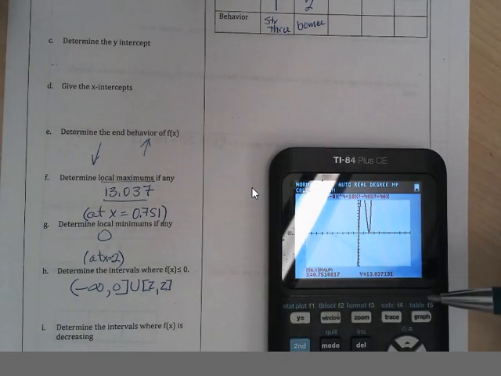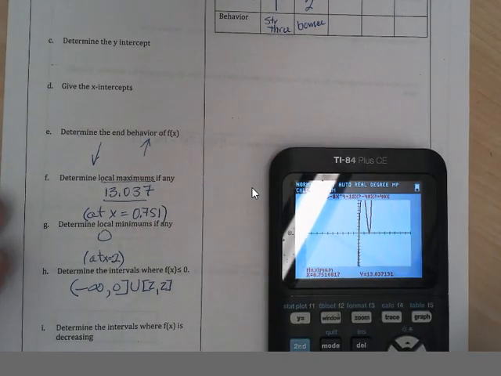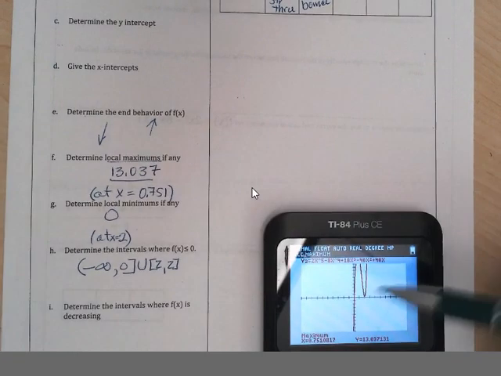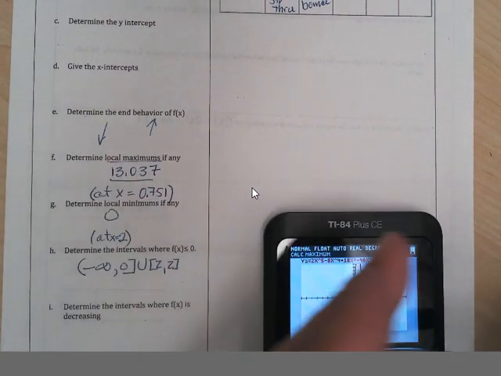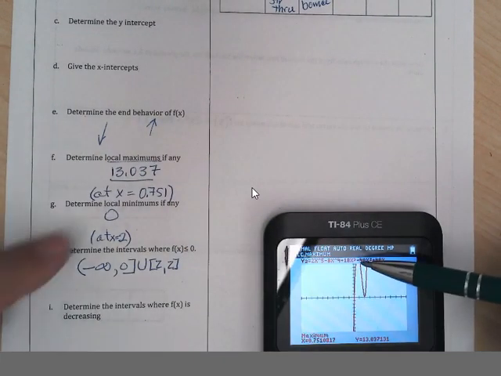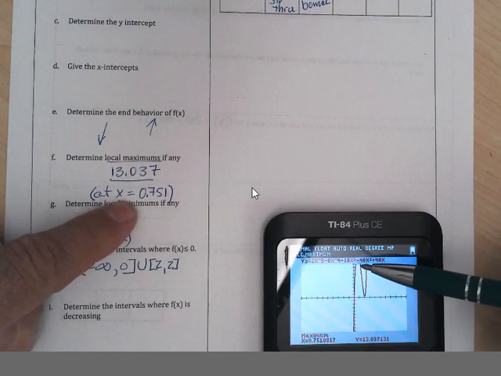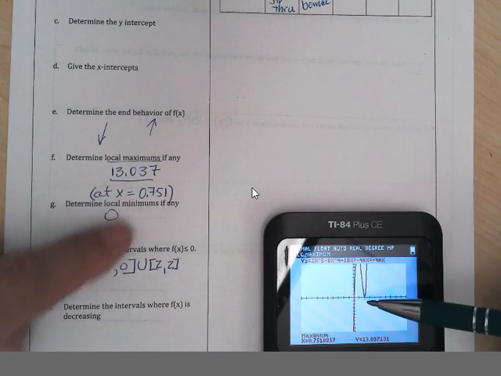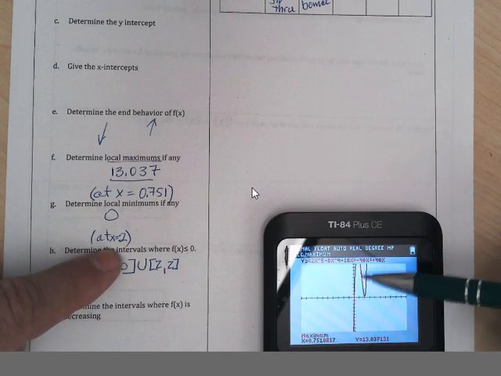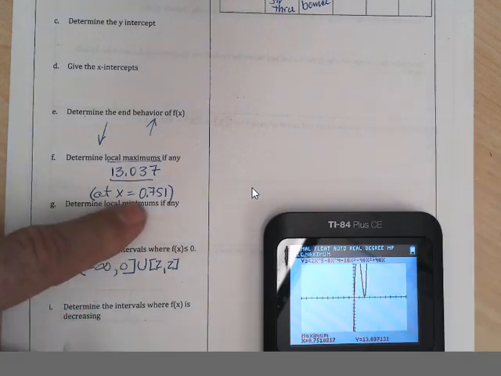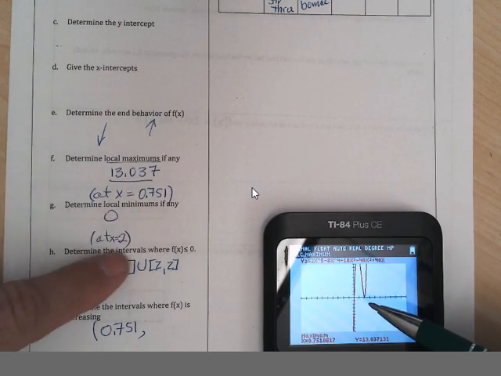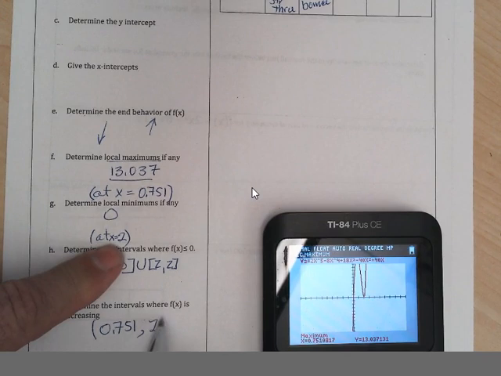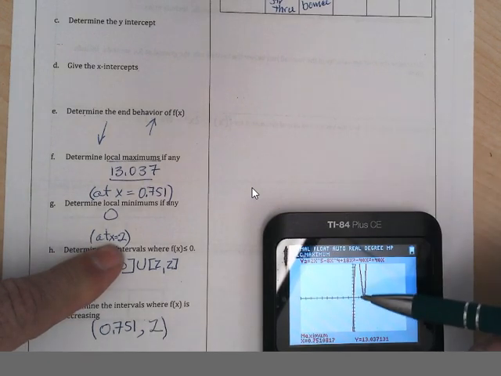The y values are. And finally, when is it decreasing? Well, if I go left to right, it's going up to that place. And then it came down, so it's decreasing here, and then when it gets to 2, it starts increasing again. So from 0.751 over till 2 in the x, it was decreasing.